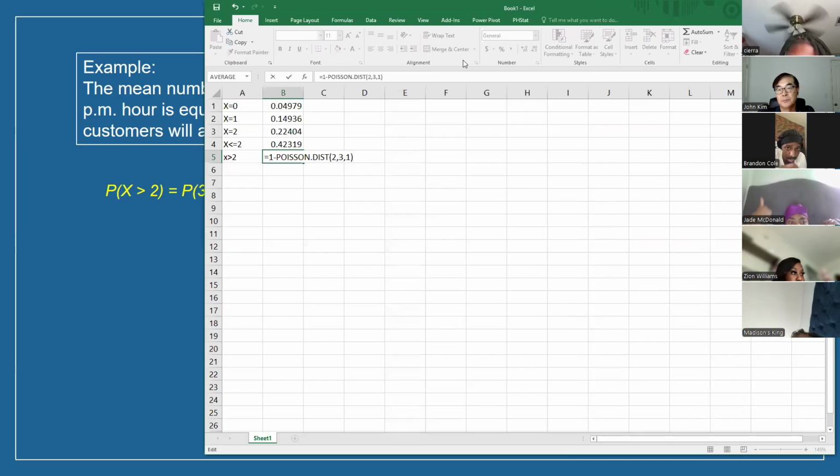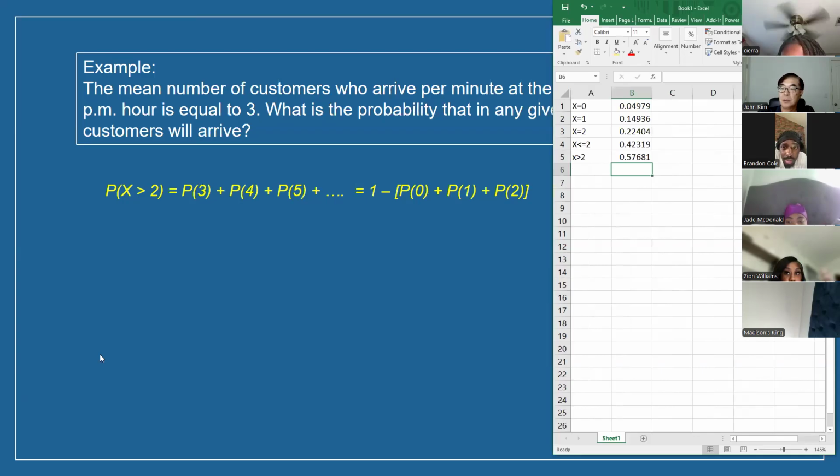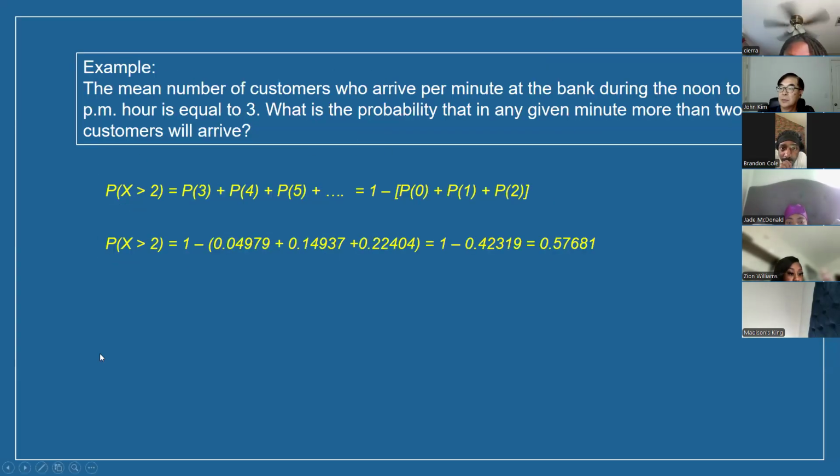Good? Then enter. Then it is the same answer.